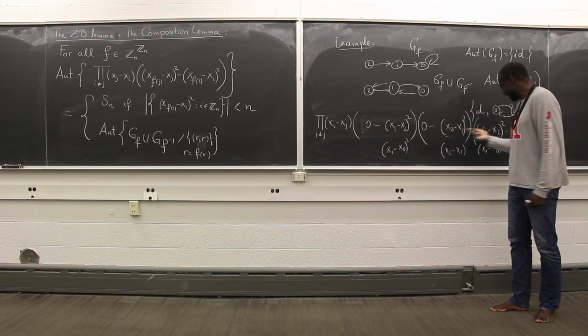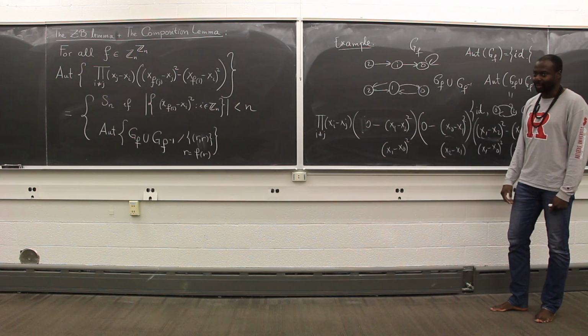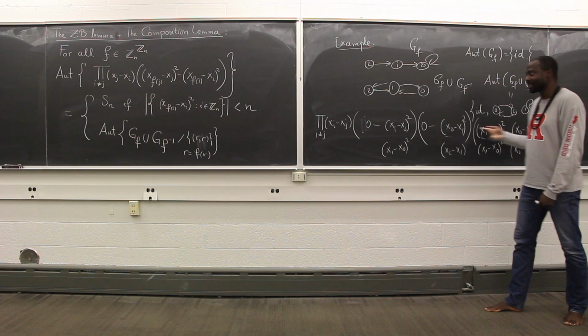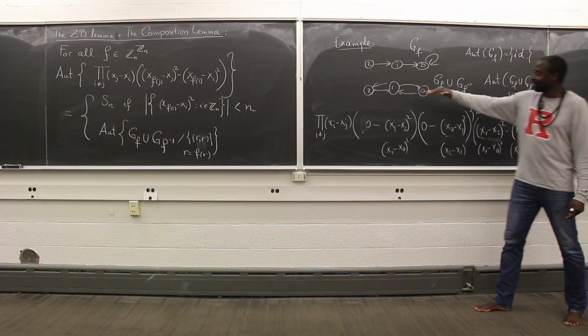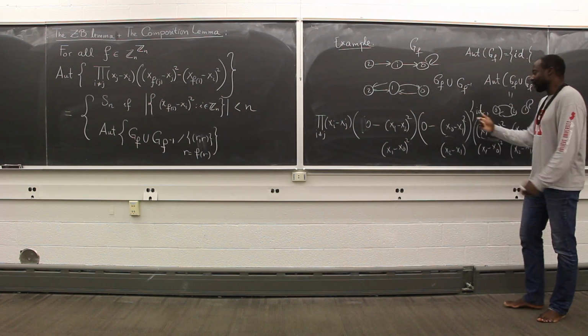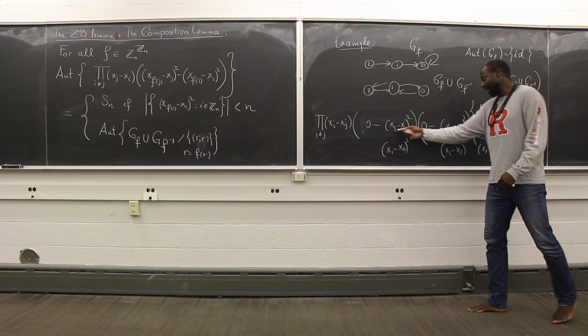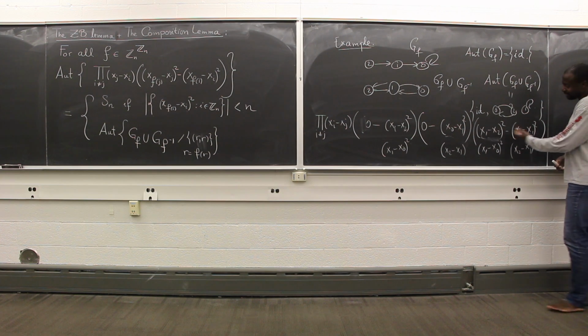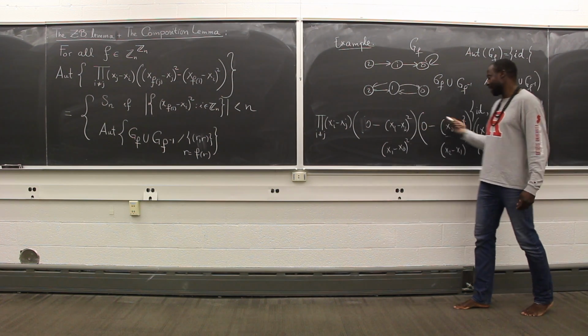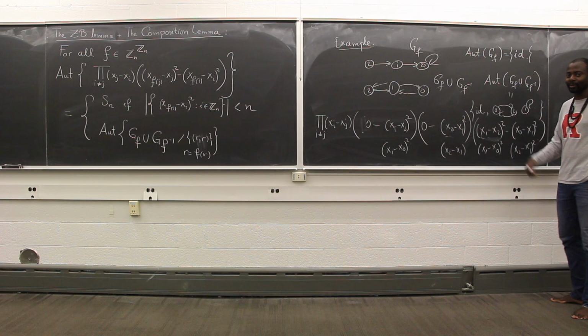If you're in the automorphism group, the polynomial is not going to change. But if you're outside it, you map an edge to a non-edge or a non-edge to an edge. And you can tell from the polynomial because it essentially just lists all your edges.